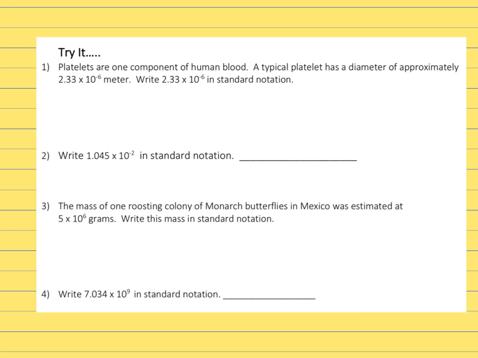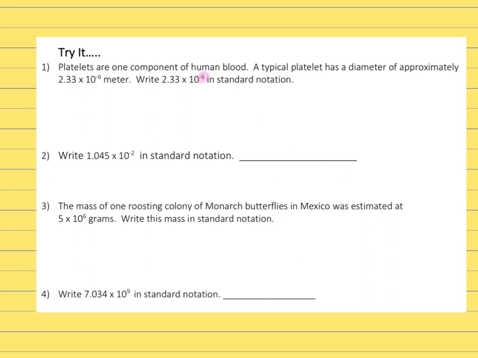This first one says platelets are one component of human blood. A typical platelet has a diameter of approximately 2.33 times 10 to the negative 6 meters. Write this number in standard notation. So step 1 is figure out how many times to move the decimal point. And this says 6. And it's negative.